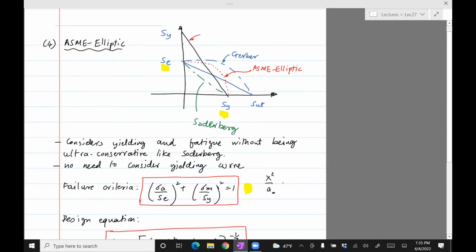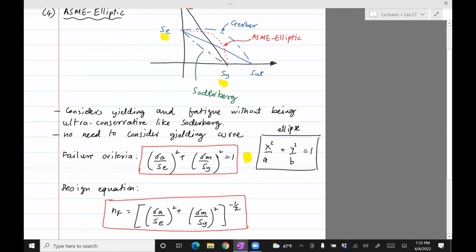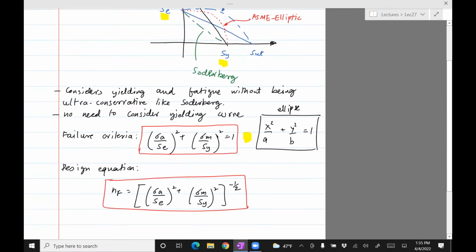X squared by A0 plus Y squared divided by... ellipse. So again, you can look at the plot and see if this makes more sense when you look at those dots. And for some cases, it does. So that equation, and then NF can be found by substituting sigma A and sigma M by N times sigma.